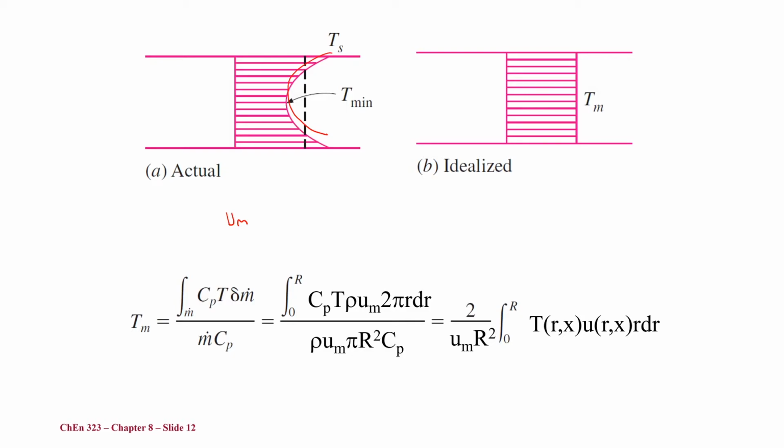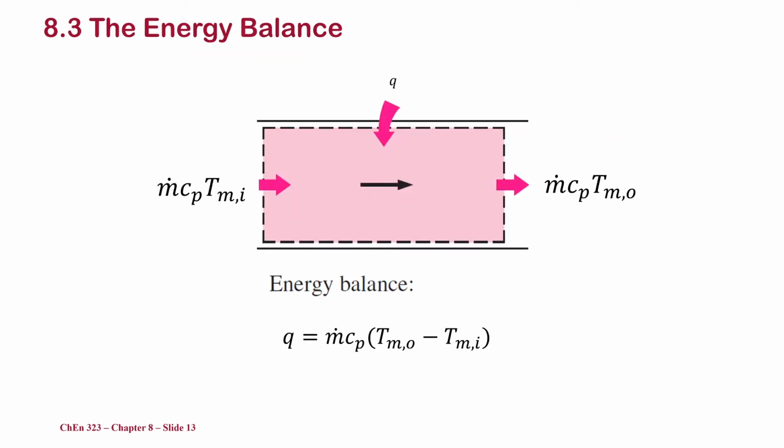So this is going to be Cp times T times rho times Um times 2 pi r dr, divided by mCp. If you do that, you get the integral of Cp T dm divided by mCp, which gives you the mean temperature.